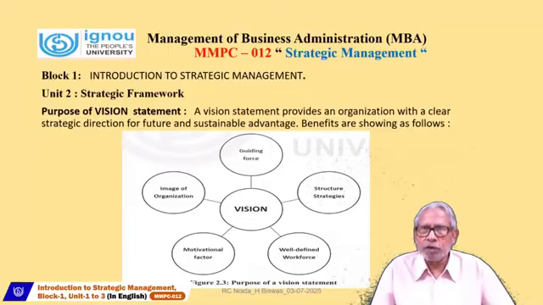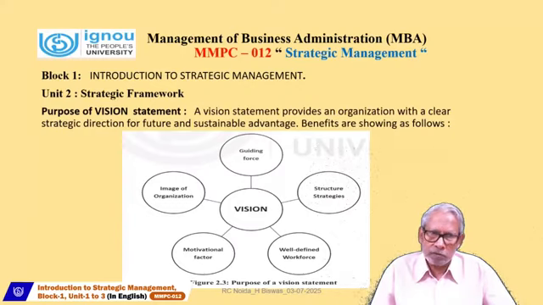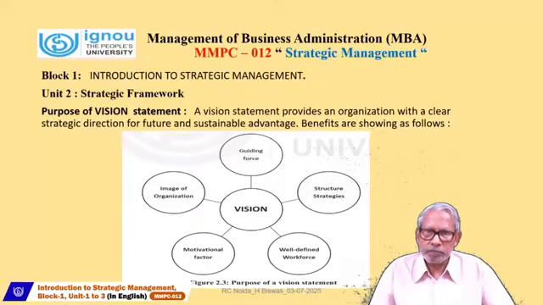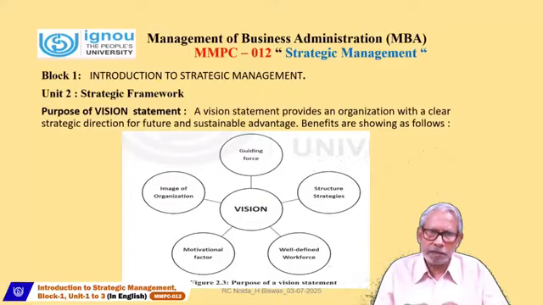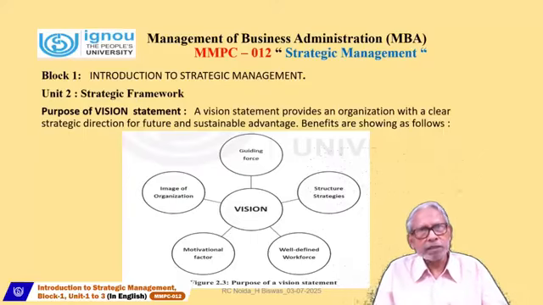It gives an organization a clear strategic direction for the future, and it is a sustainable advantage. So if we see the vision, basically it contains your guiding force, structured strategies, well-defined workforce, motivational factors, and your image of the organization. All are part of your vision.